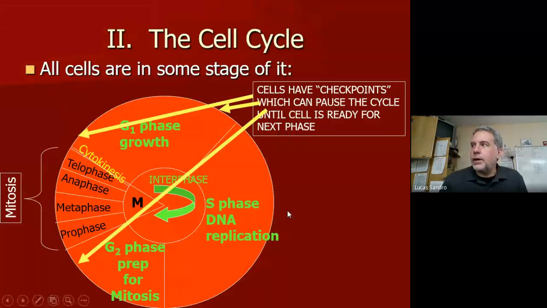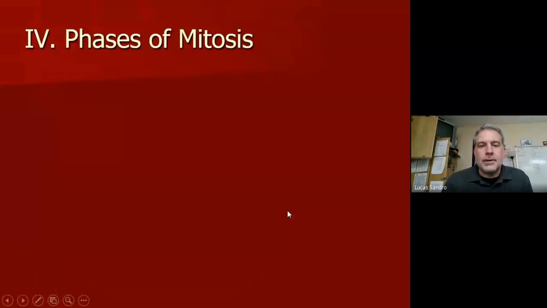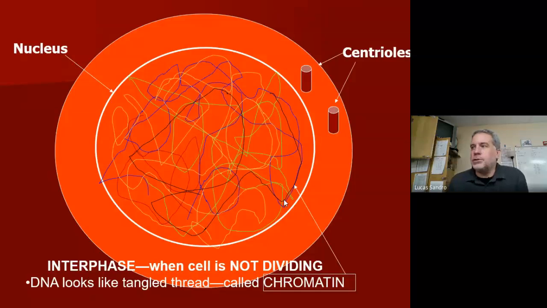So moving on to the phases of mitosis, which, remember, are prophase, metaphase, anaphase, and telophase. But of course, there's also that in-between phase when a cell is in G1, S, or G2. We call that interphase. So you should draw each of these in your notes. In interphase, we see what I call a ball of yarn, right?